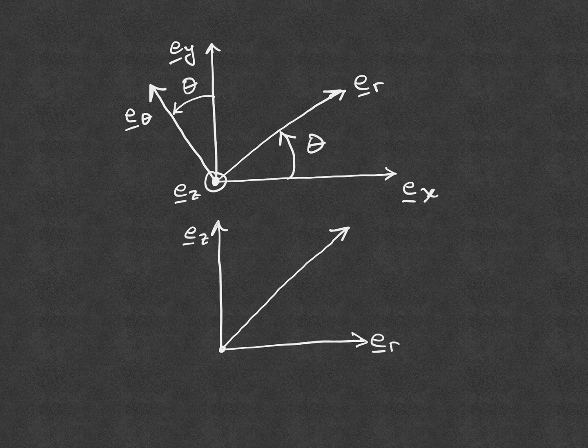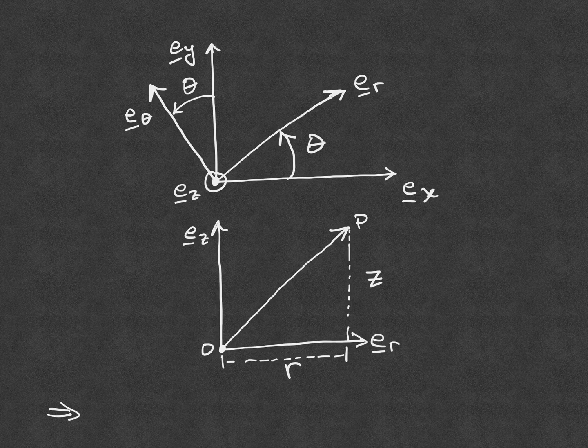So if I think of O as being down here and I think of P as being up there, then this vertical distance is Z, and this horizontal distance is R. But you can see that R is the component along the ER direction, and Z is the component along the EZ direction.